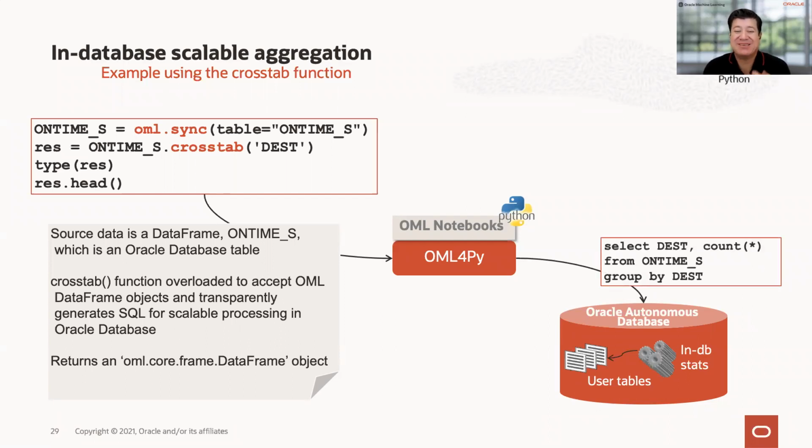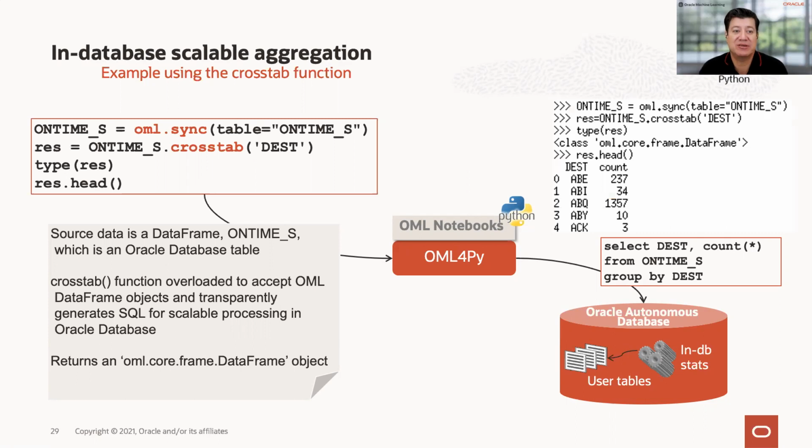So basically, the translation of what I'm trying to do is a select dest, count star from that, and group by. That's what I'm doing, but I'm not typing all of that. I'm just typing my Python pandas. So the database is doing all of that count, and the result is like this.